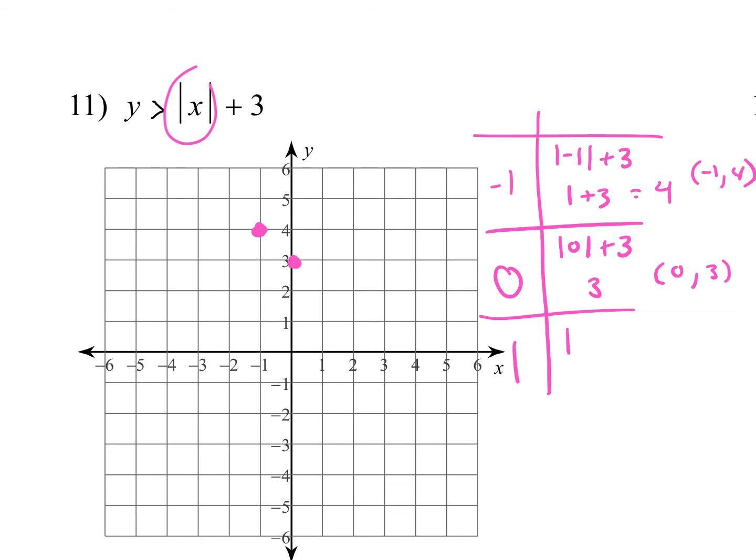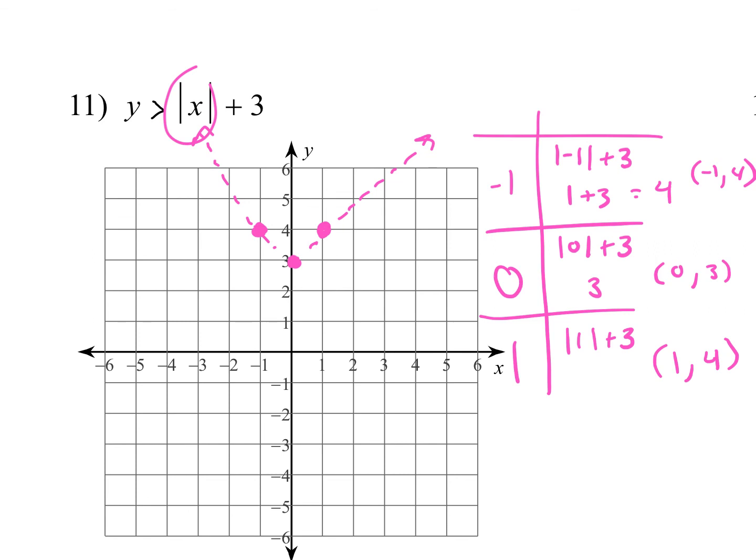Next I plug in 1. What's 1 plus 3? 4. So I plugged in 1 and got 4. So go to the right one, up 4. Do I have a solid V or dotted V? Dotted V. Oops. Dotted V. Brock, what number can I plug in to test?